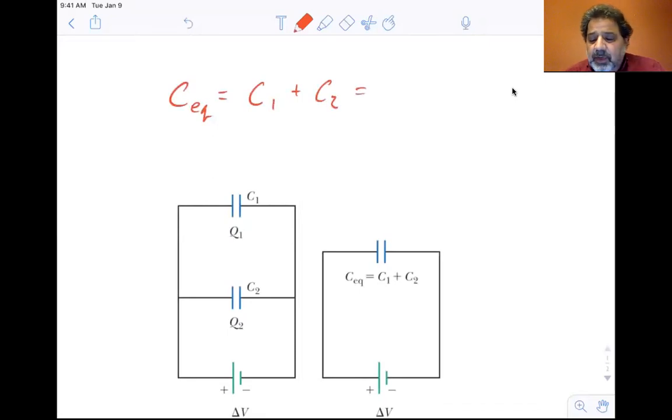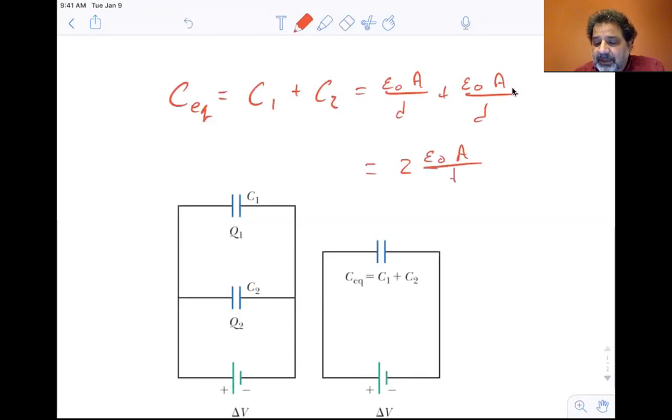So that's equal to epsilon 0 area 1 over distance 1 plus epsilon 0 times area 2 over distance 2. Now I said that the areas and the distances are the same, so let's not make that distinction. Now, if we wanted to add these, it's simply 2 epsilon 0 A over D. And so basically what we've done is we've doubled the area.